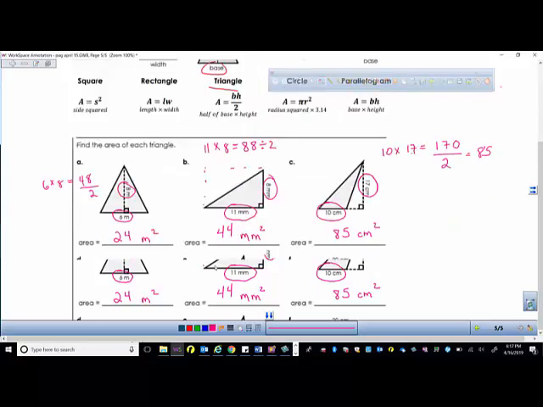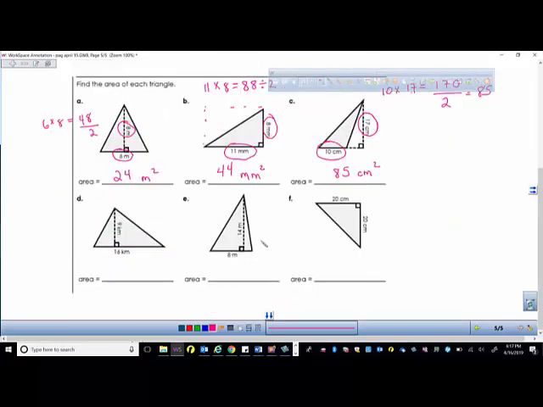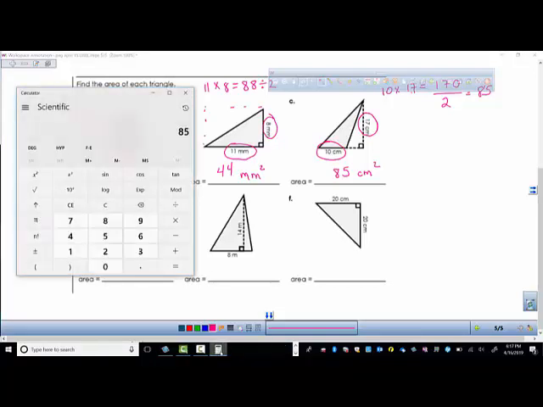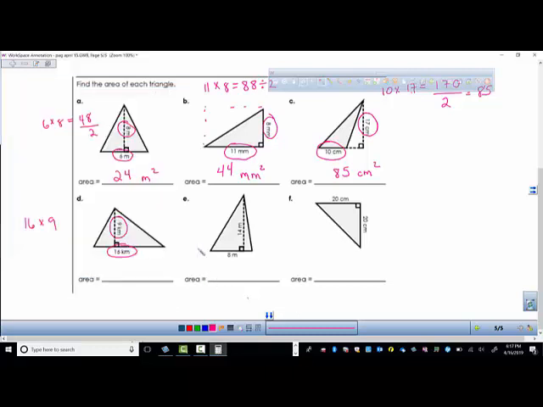Let's look at a couple more examples down here. So on letter D, my base, or horizontal, is 16. My vertical, or height, is 9. So I'm going to multiply those. So I have 16 by 9 is 144.